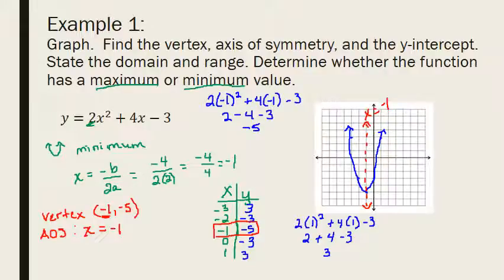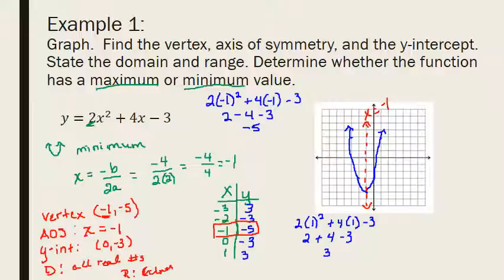The y-intercept. The y-intercept here is 0, -3. And the domain and range. The domain here will be all real numbers. And then the range would be, well, let's see, we have to start from the bottom up. So the lowest point here is -1, -5.